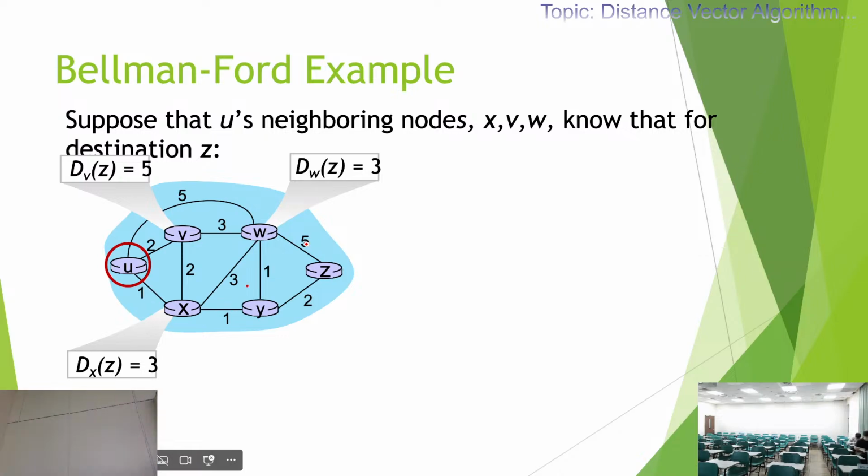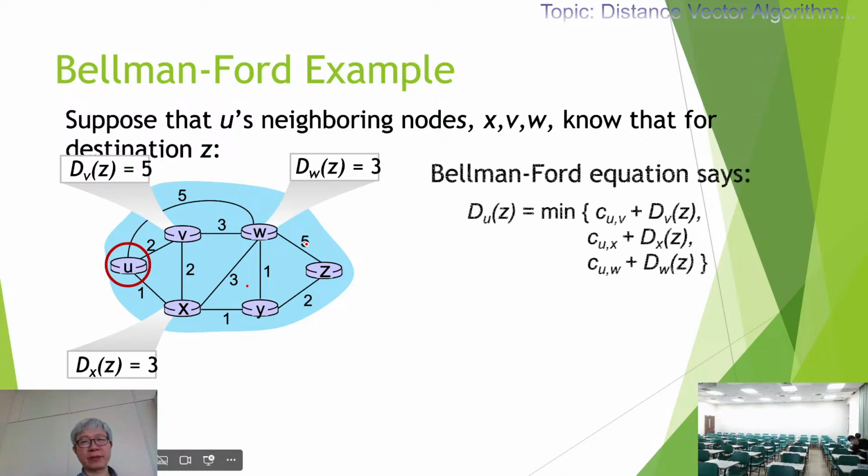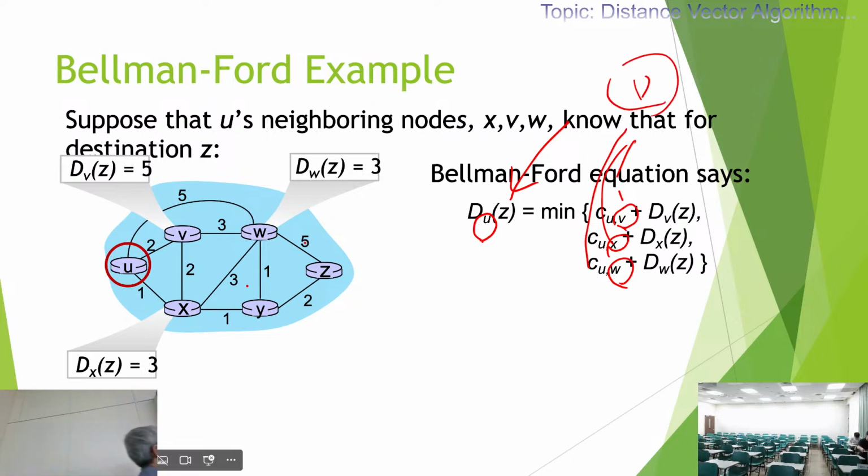From the source node U, we have intermediate node V, intermediate node W, intermediate node X, and the destination node Z. We choose the intermediate node V, and also we can have X and W, and we have the given values.